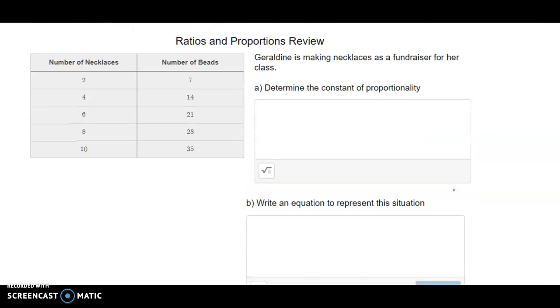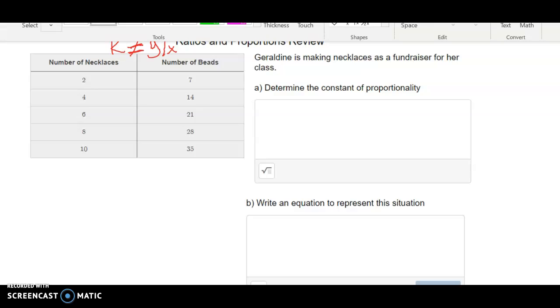Last part of the ratios and proportionality review, it's 3 parts. So the first thing we need to do is determine our proportionality constant. So always when we're doing this, we're going to do y divided by x. And that's going to give me my k value. So for each of these rows, I'm going to do y divided by x.